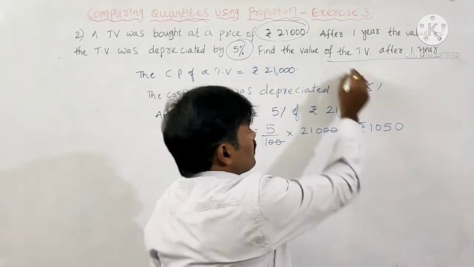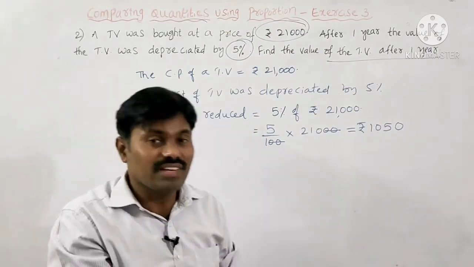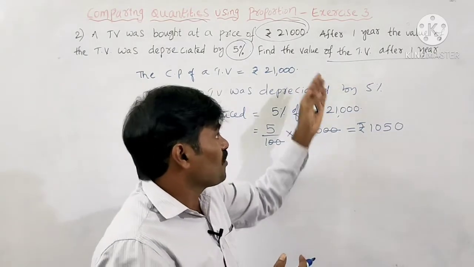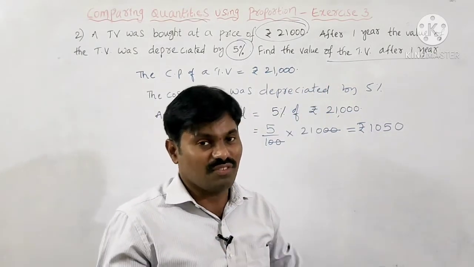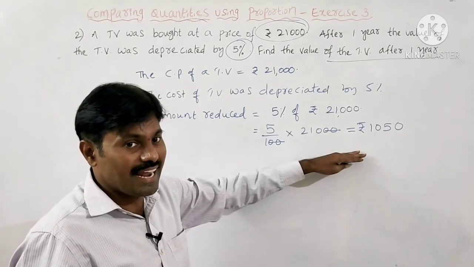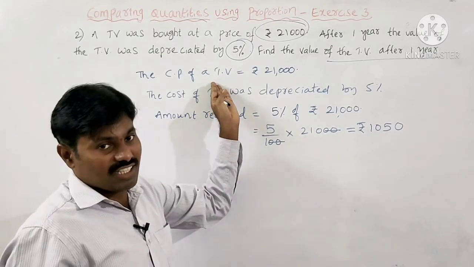But what is the cost of the TV after 1 year? They have asked that. This much amount is reduced, so we have to subtract this amount from the original cost price.